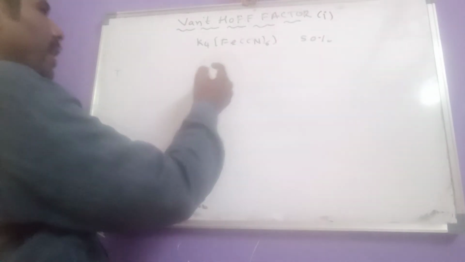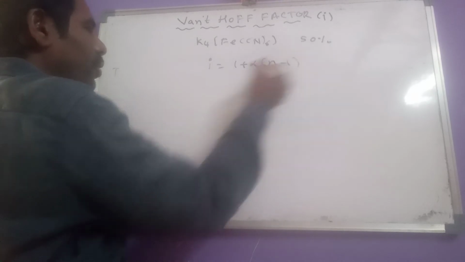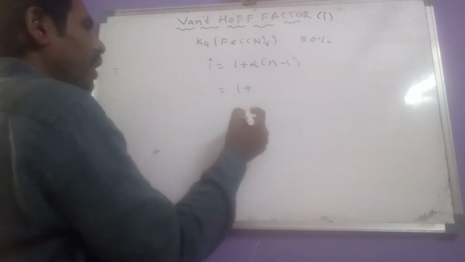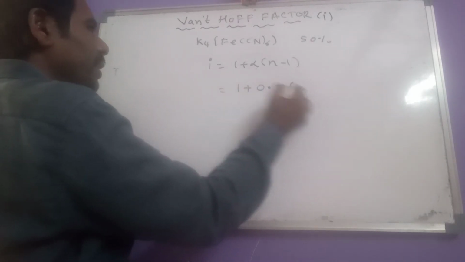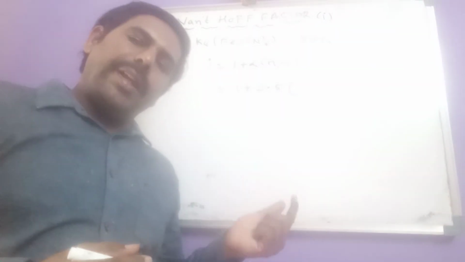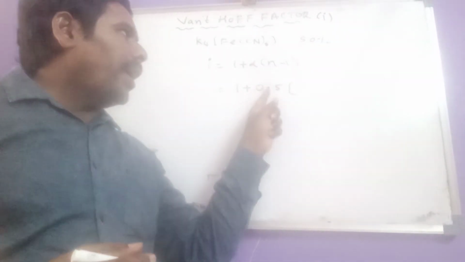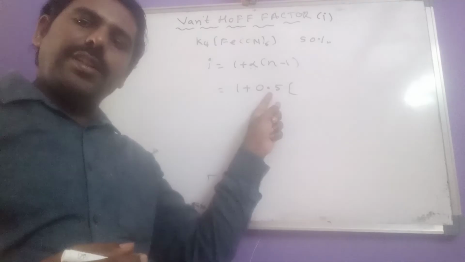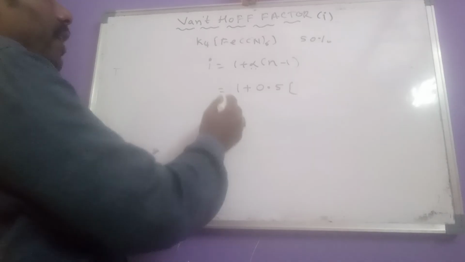To calculate its I value, the formula is 1 plus alpha into n minus 1. 50% means the degree of dissociation can be taken as 0.5. This is the percentage of dissociation, and alpha, the degree of dissociation, should be taken as 0.5. And what is the n value?